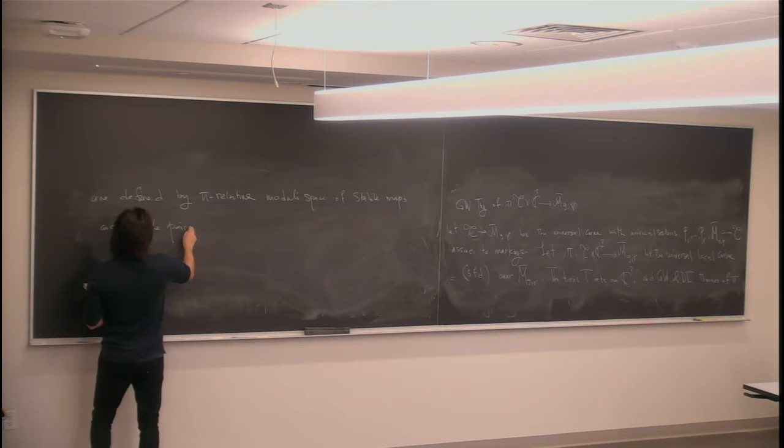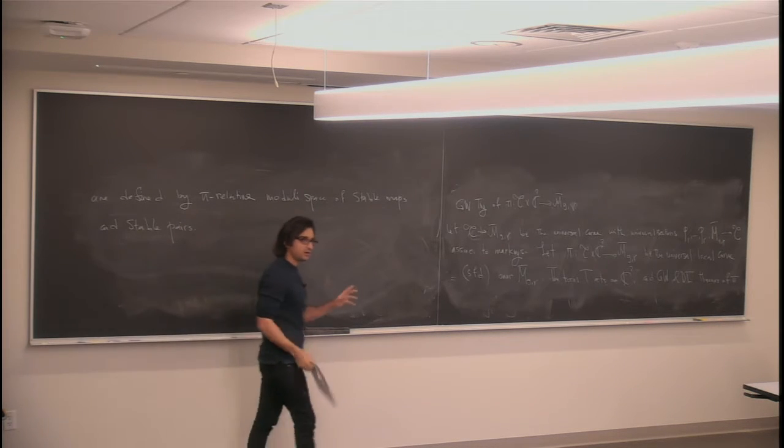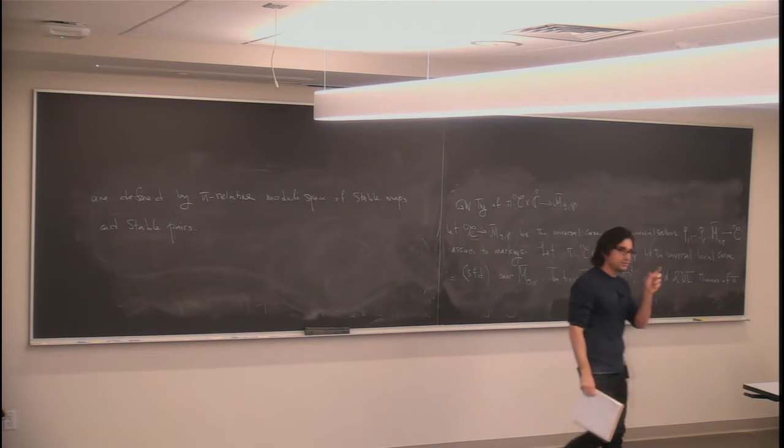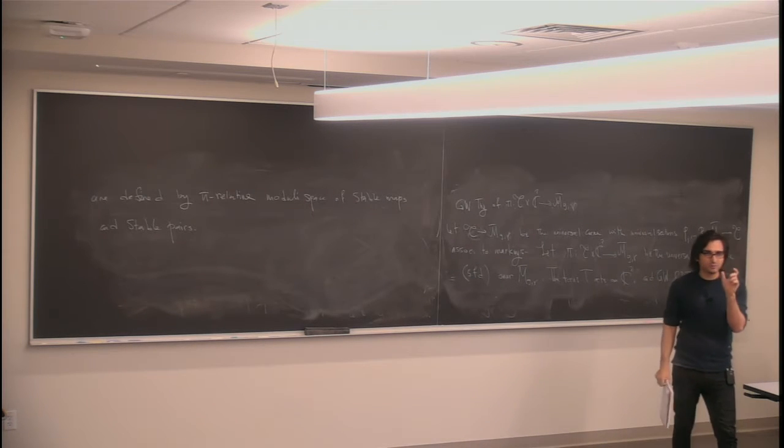So this is basically the part that I said for the DT part. They don't really match the DT partition function, but they match it with the stable pair partition function.